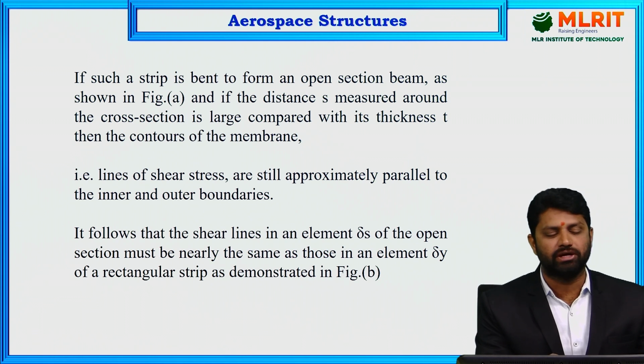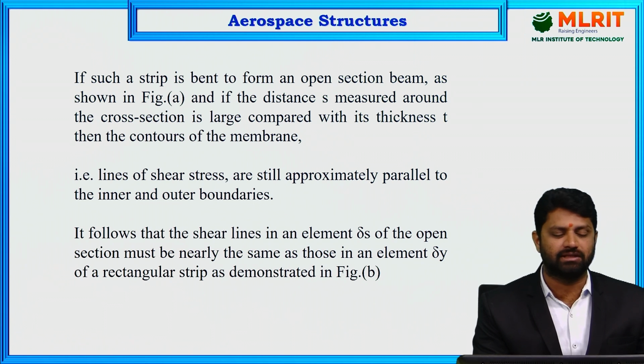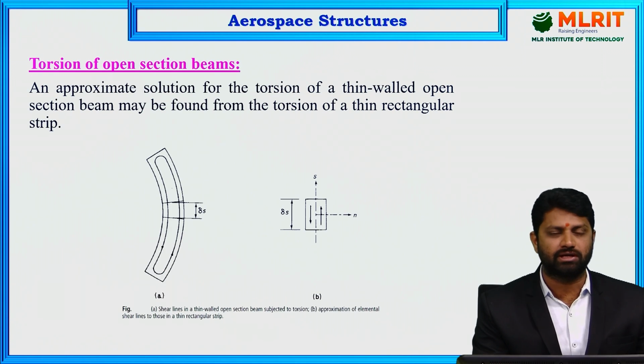So if such a strip is bent to form an open section beam as shown in figure A, and the distance S measured around the cross section is large compared with the thickness T, then the contours of the membrane, that is the lines of shear stress, are still approximately parallel to the inner and outer boundaries. You can understand that from the diagram.